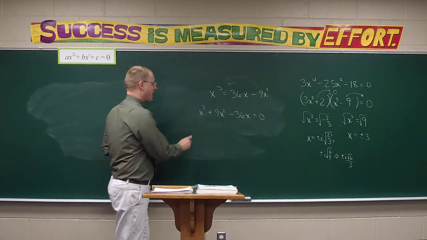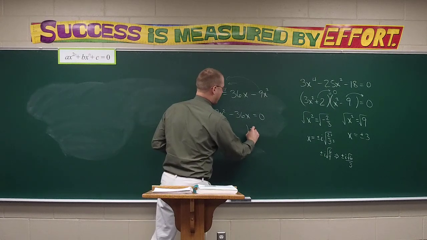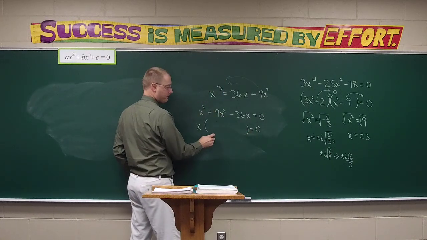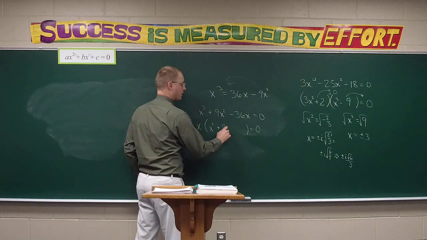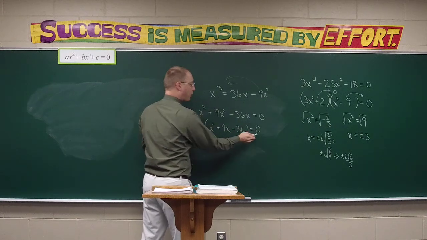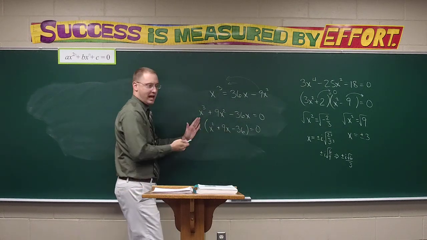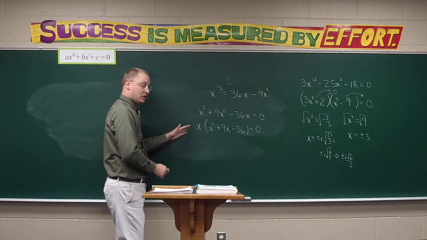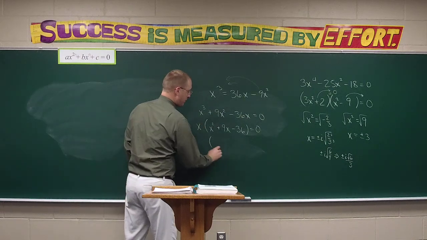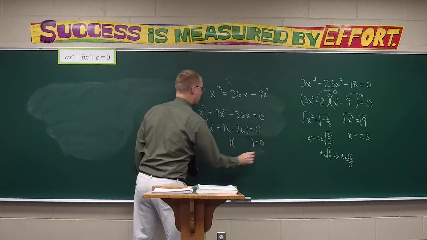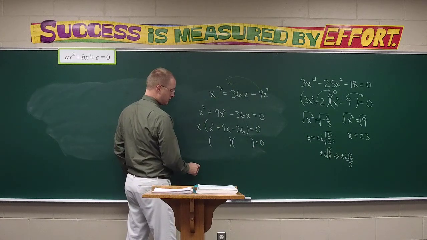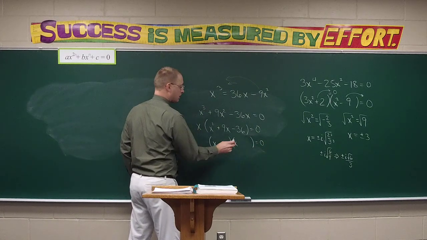Pull out an x. I can pull out a common factor of x, leaving us with x^2 + 9x - 36. And so this portion is at least quadratic. Then, Brandon, I assume you did this, and then backwards FOIL this part of it to get x and x, positive.